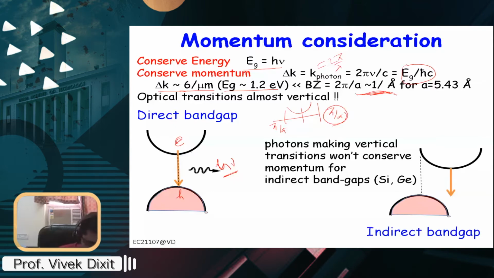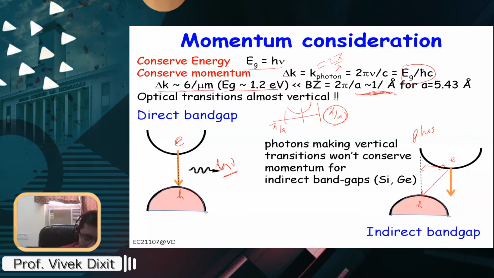So if there is an indirect gap semiconductor, for electron and hole to recombine, this momentum cannot be supplied by the photon. It has to be supplied by a third particle called a phonon.